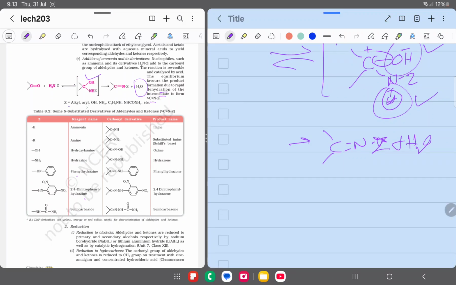Right, so in this, Z here is alkyl or aryl. If Z is hydrogen, then it's ammonia, so it forms the imine.